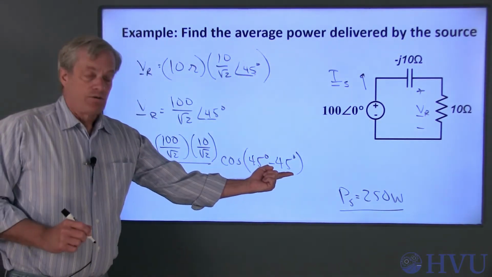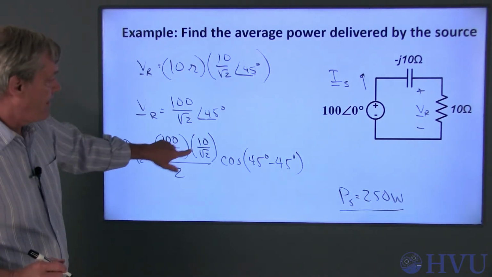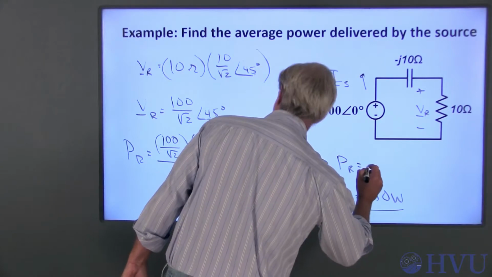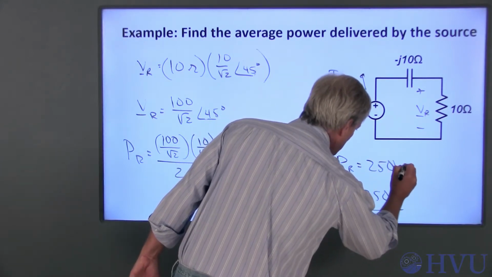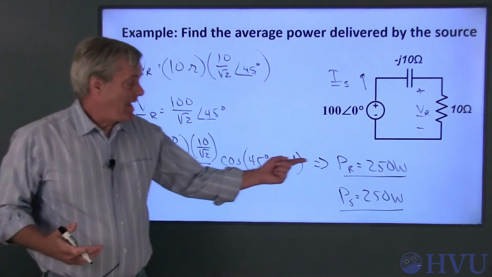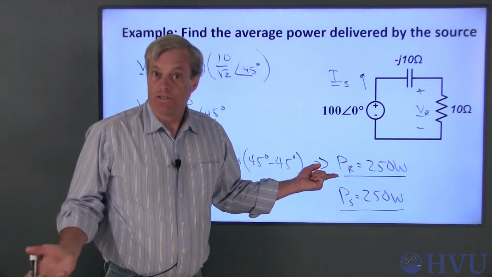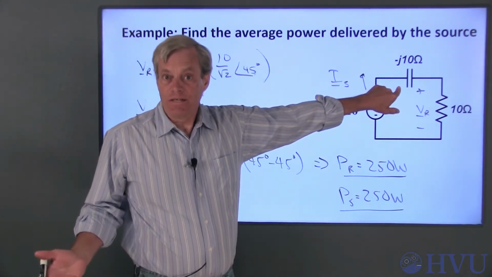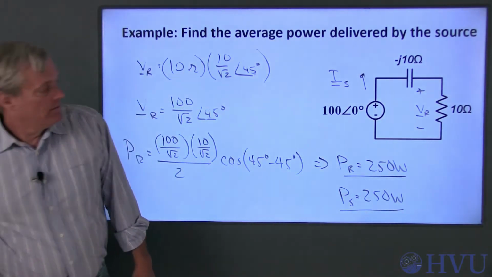The cosine of 0 is 1, so this becomes 1,000 over 4, so the resistor power is equal to 250 watts. The power dissipated by the resistor is exactly the same as the average power delivered by the source. That means that the capacitor's average power has to be 0, but let's check that out.